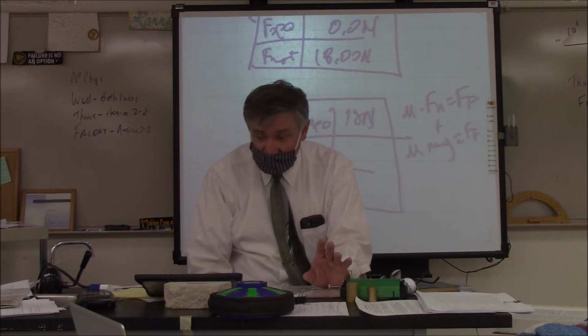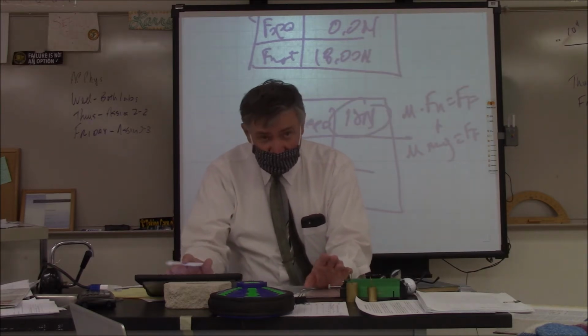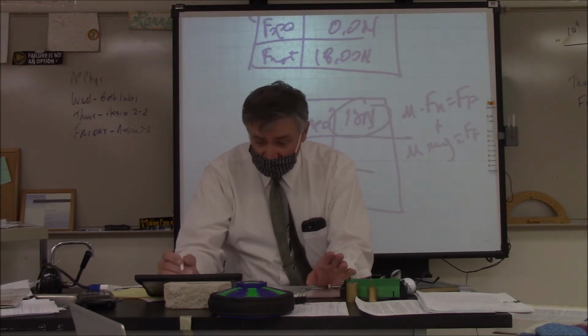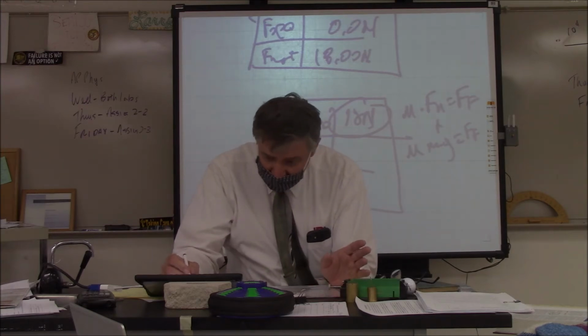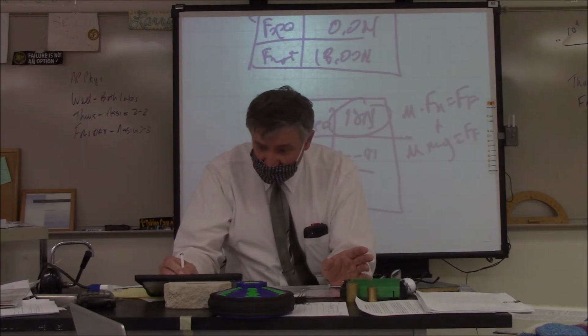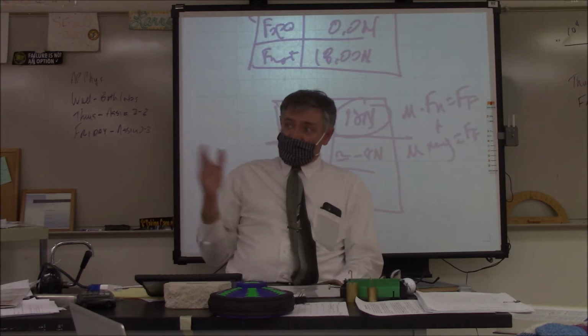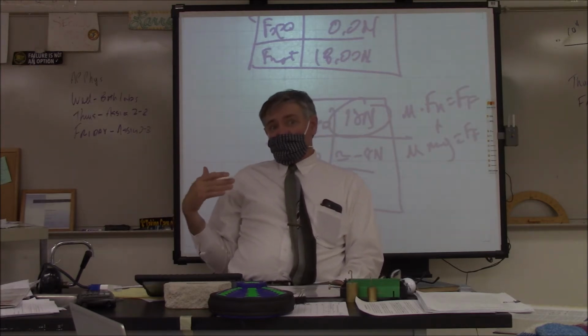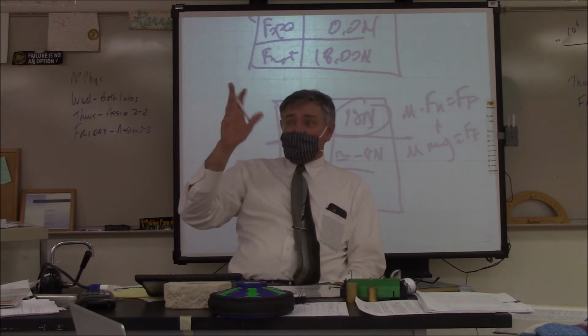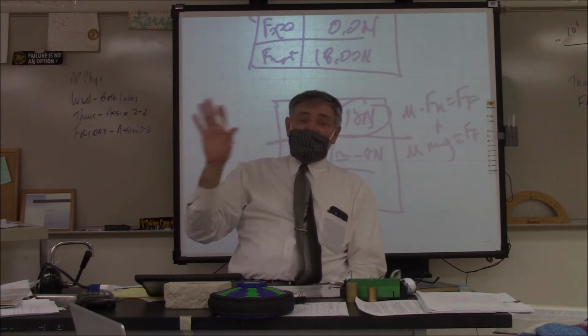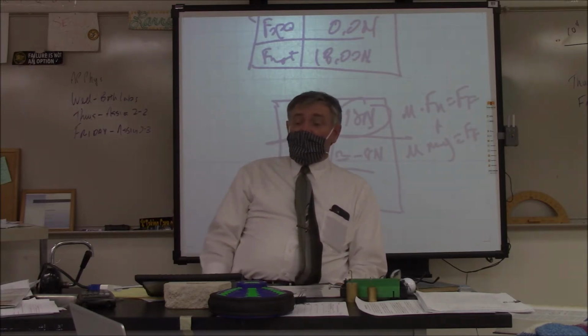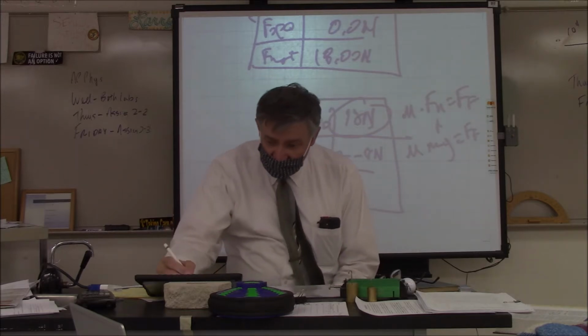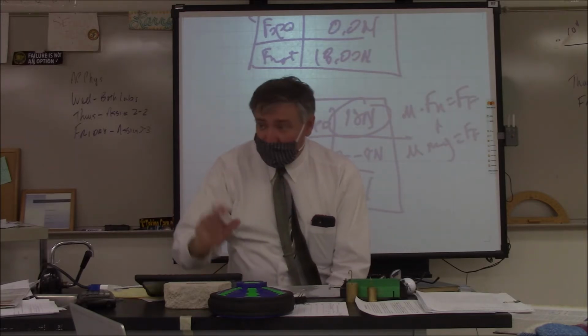So what that means is that of the $18 that you brought to this, you've got to pay about $8 of that to the frictional mafia, and what you have left over is the money that you get to keep. Now these are just round numbers, okay? These aren't exact, you have to calculate them. So you get to keep the 10 newtons, about.